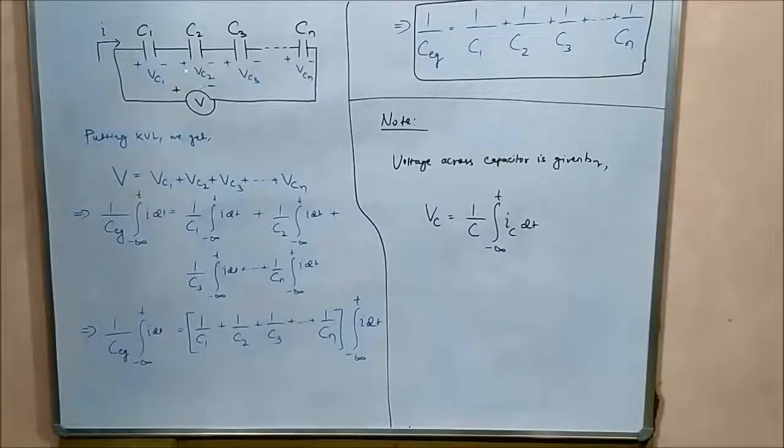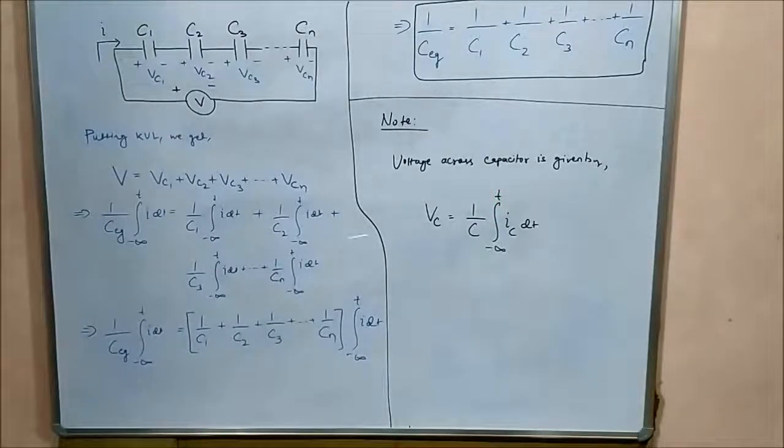So simply we put KVL in the loop, then we express the total voltage in terms of the total capacitance or the equivalent capacitance, and the individual capacitor voltages in terms of the individual capacitances using this formula for capacitor voltage.